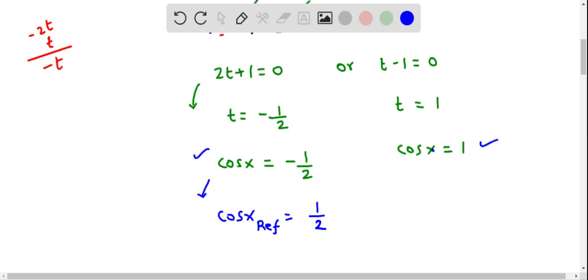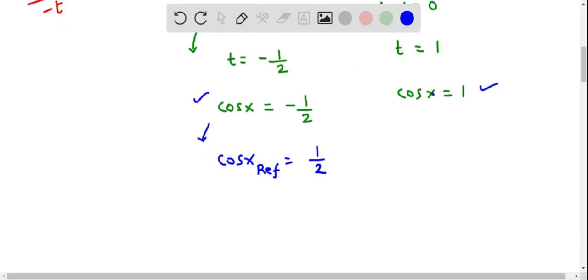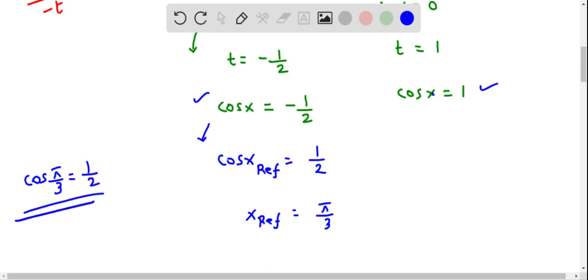Now we know that if cos x is half, then the reference angle equals pi by 3. We can determine this using the table values or from the unit circle, because cos pi by 3 equals half.